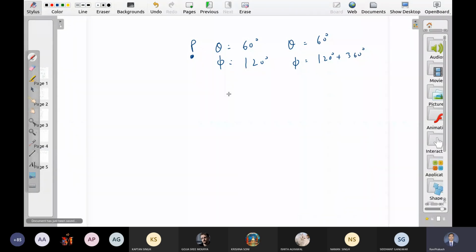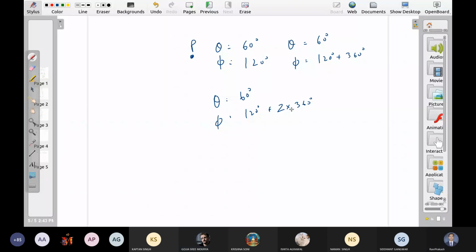The same point can again be written as theta equal to 60 degree, phi equal to 120 degree plus 2 times 360 degree. So I will have multiple names for the same point. Is there any problem with this concept? You will get again the same point, sir. Right. But the primary range should be within pi.